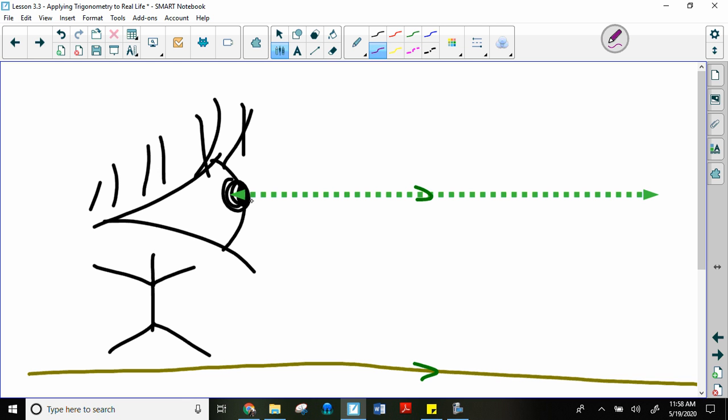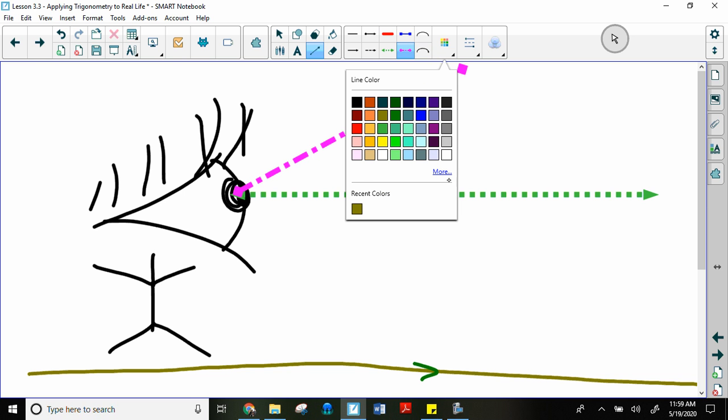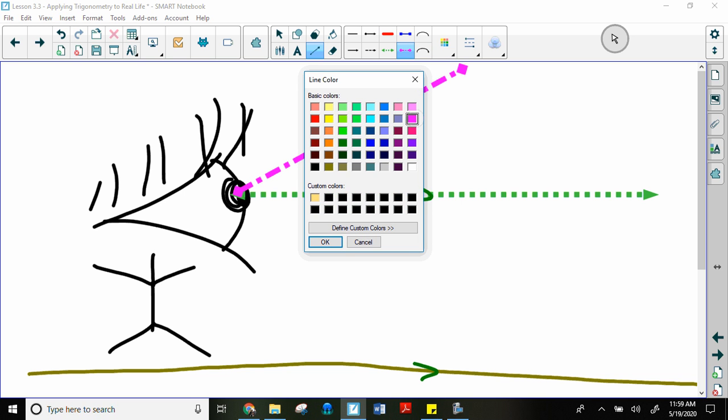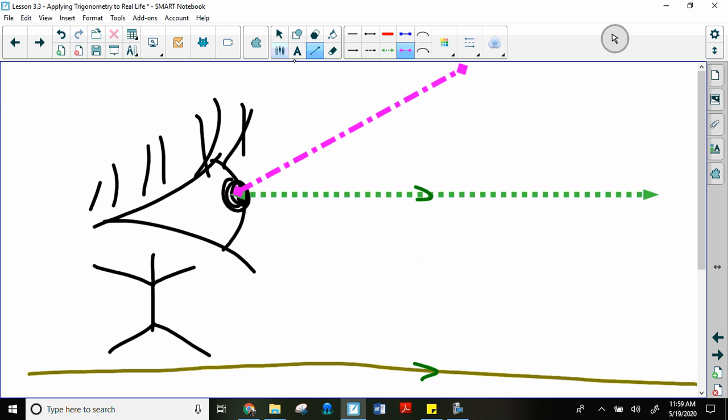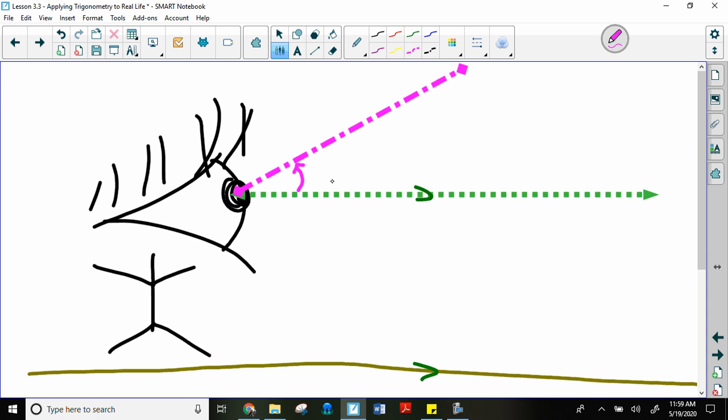So if I elevate, that means that I'm looking up from the horizontal. So my angle of elevation happens right here. This is my angle of elevation.